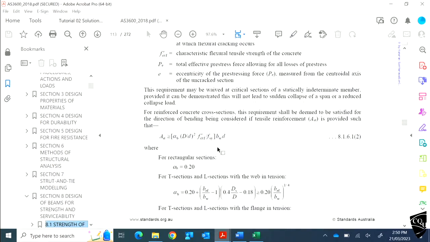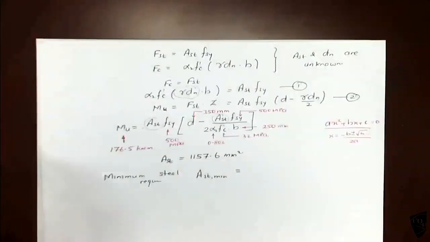The minimum area, AST, whatever you provide, should be larger than this one. This is the minimum area. If you substitute all the values, I will write it here.